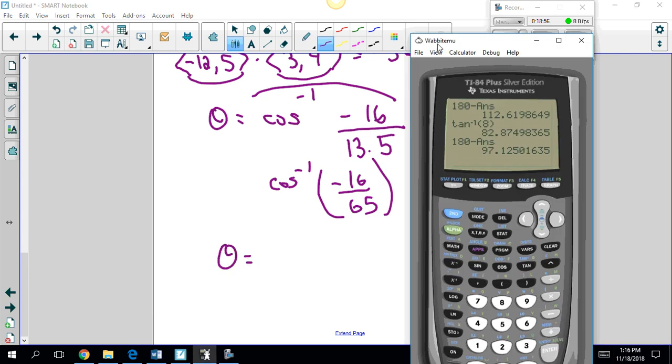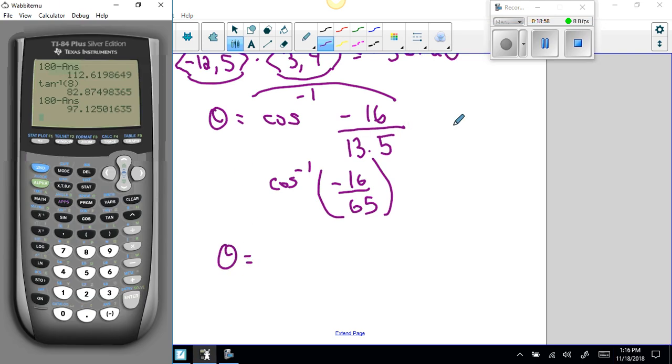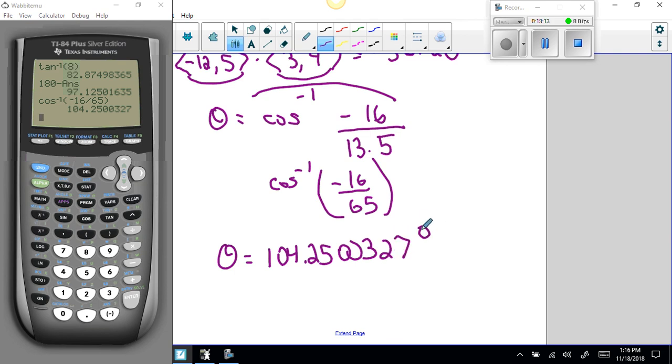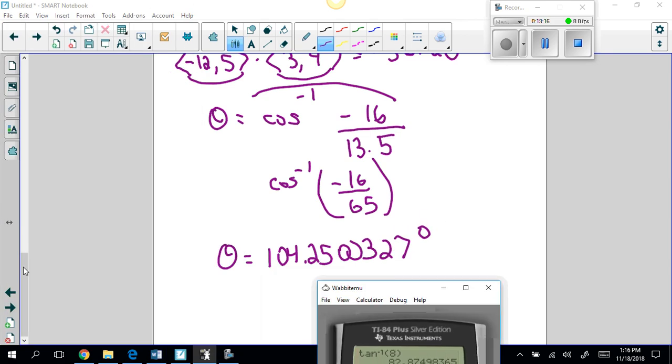So just type it in. Inverse cosine, negative 16 divided by 65. And we pick up 104.2500327 degrees. Now, I need to verify.